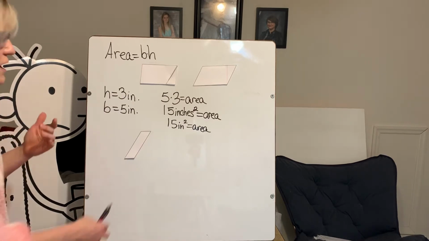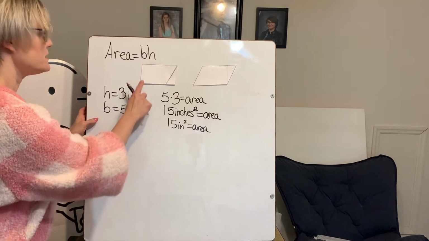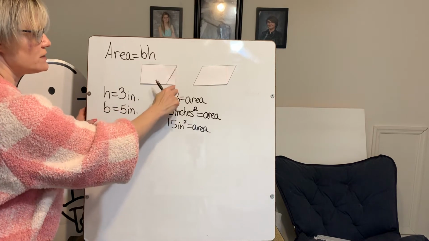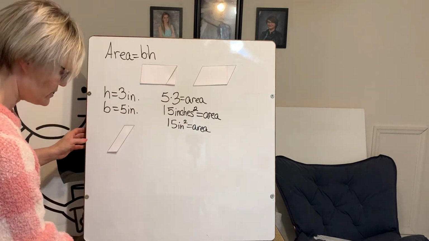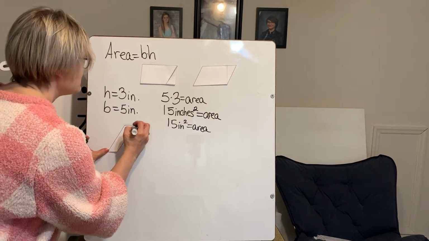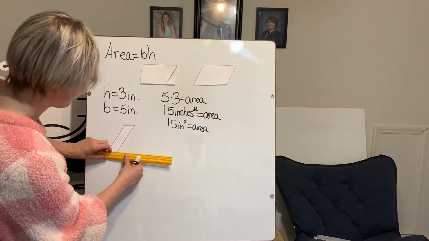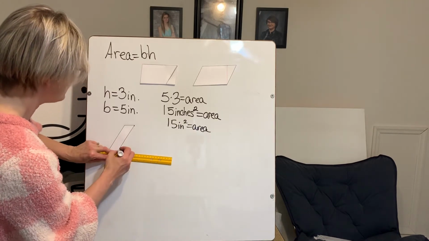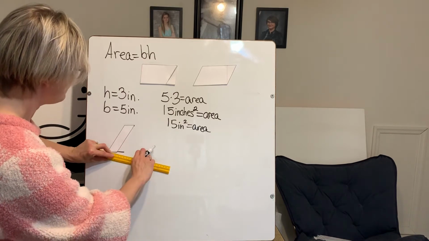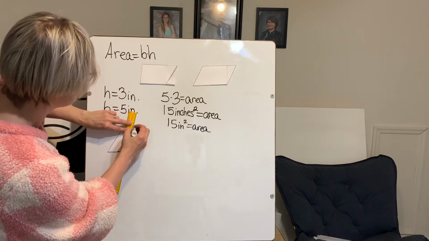Well, with something that's oddly shaped like this, you'll notice what we did here, we repositioned. So if we kept it here, we could still do height times base this direction. So what I'm going to need to do with this figure is add on to this to give it the base and height.